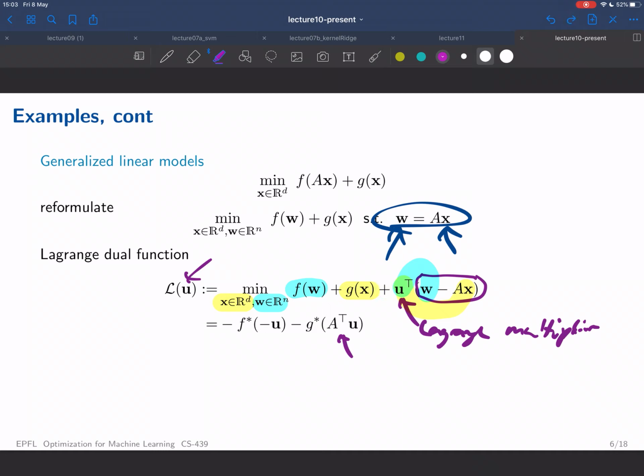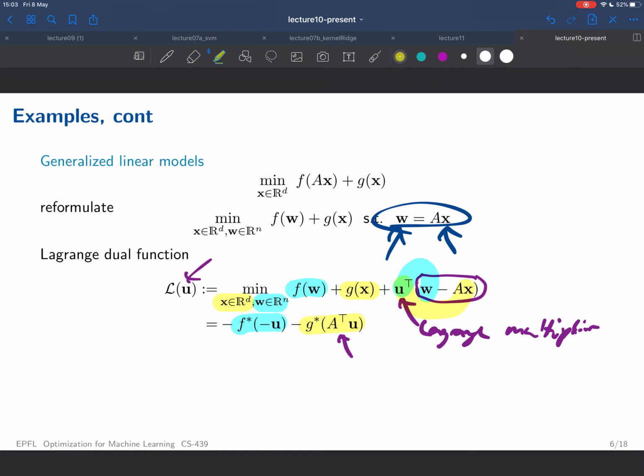But this is trivial to solve: if I ask for the conjugate at minus u, then you put minus u here, and then you actually have the plus. So the blue stuff is precisely the conjugate of f taken at minus u, and the yellow stuff is precisely the conjugate of g taken at A times u.